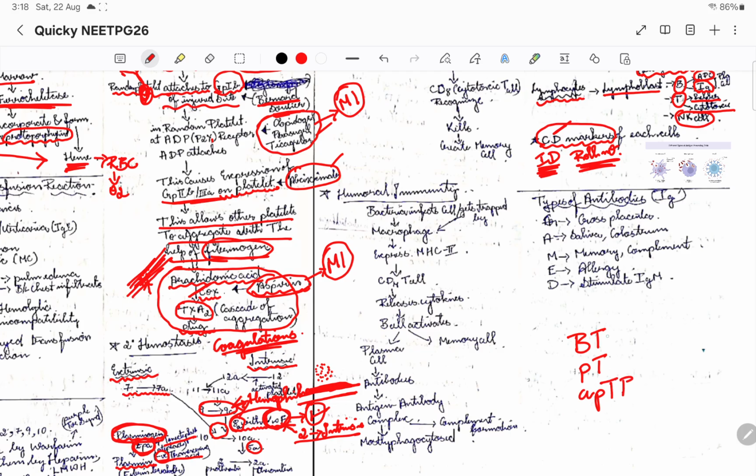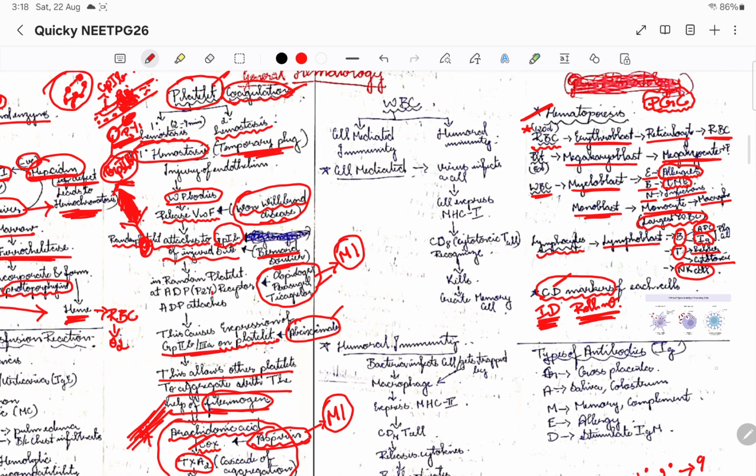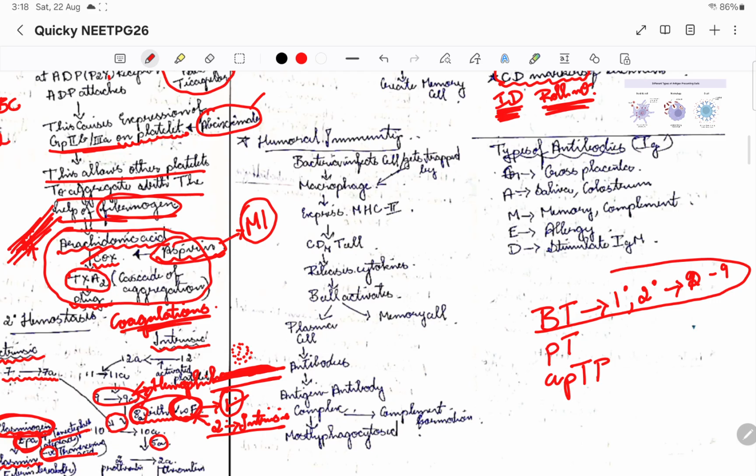So what are these? Bleeding time is telling me the entire pathway time, primary and secondary hemostasis. It is around 2 to 9 minutes. So the bleeding time tells me whether the bleeding time is increased.